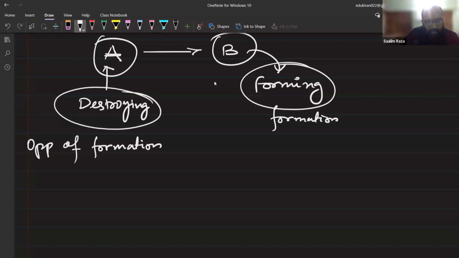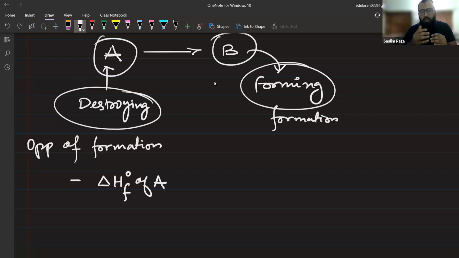So I can write that whatever energy is required to destroy A, it will be equal to minus delta H F naught of A, है ना? अपोजिट ऑफ फॉर्मेशन का मतलब क्या? नेगेटिव साइन लगा देना बस, समझ में आ रही है? अगर A के फॉर्म होने में एनर्जी रिलीज हो रही है, when A was getting formed, then energy was released, तो डिस्ट्रॉय करने में एनर्जी लगेगी। और अगर A के फॉर्म होने में एनर्जी कंज्यूम हो रही थी, तो A के डिस्ट्रॉय होने में एनर्जी रिलीज होगी, उल्टा ऑफ डिस्ट्रक्शन ना। तो we have just put a negative sign to show that it is opposite.